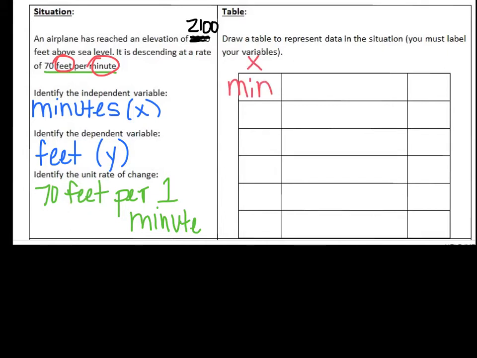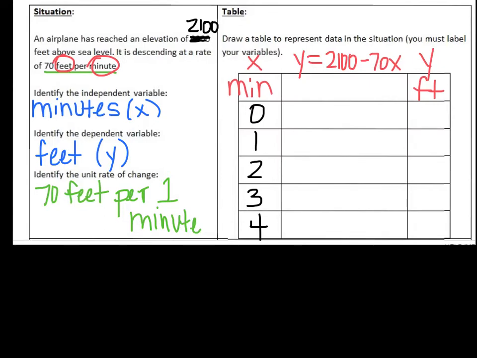So we're just going to go minutes, and then y is going to be feet. And then in the middle, I'm going to put y is equal to 2,100 minus 70x. So in this situation, let's just go ahead and find out after 0 minutes where the airplane is after 1, 2, 3, and 4 minutes.